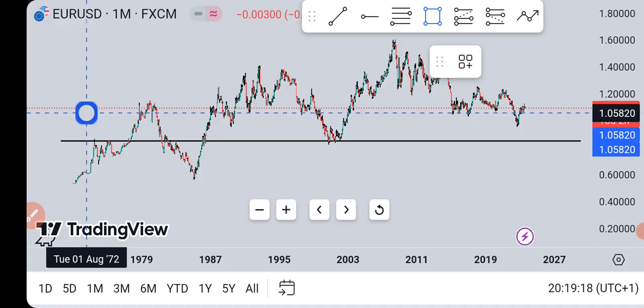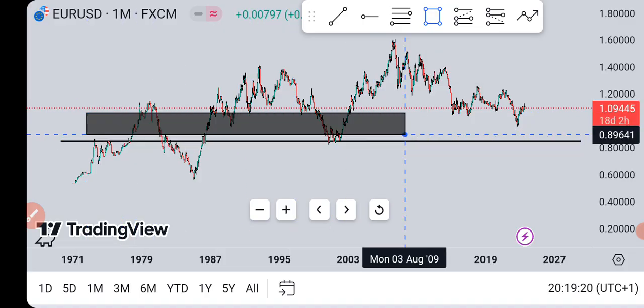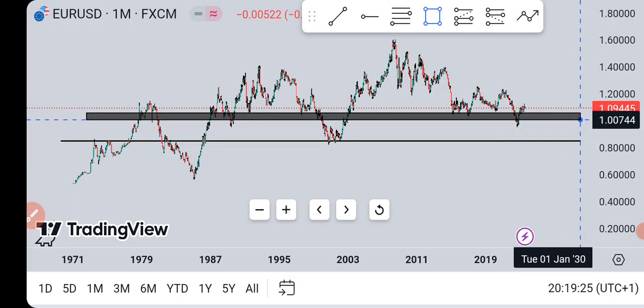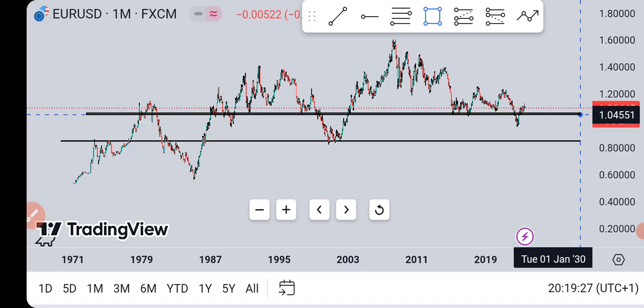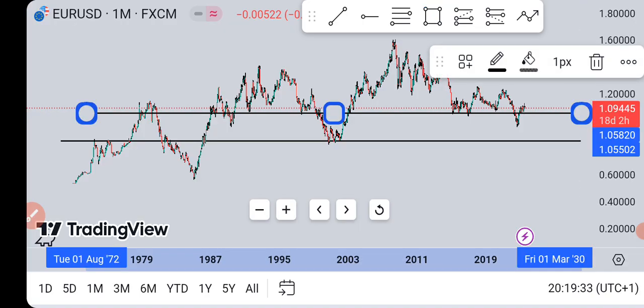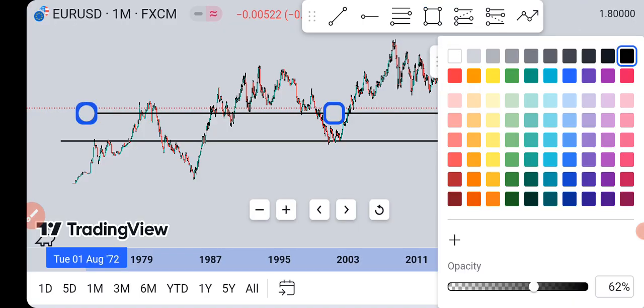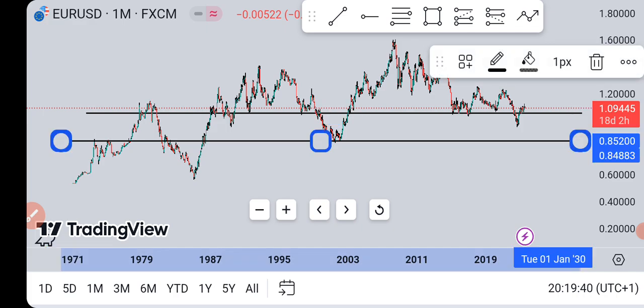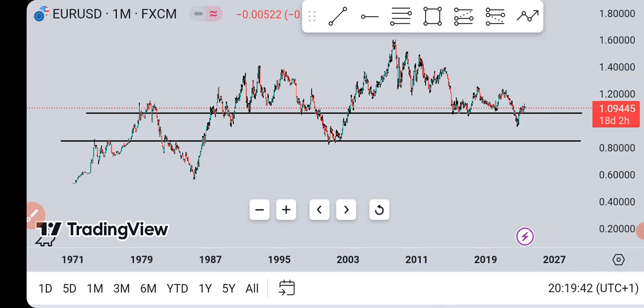We have another zone here, and remember the monthly zones, I mark them with red so that when I'm on the lower time frame, I will know if I'm seeing weekly zones or monthly zones. So I will mark them with red. This one too, mark it with red. So this is my monthly structure.